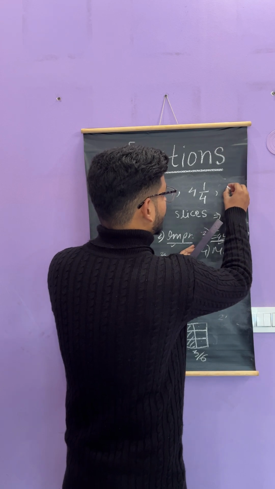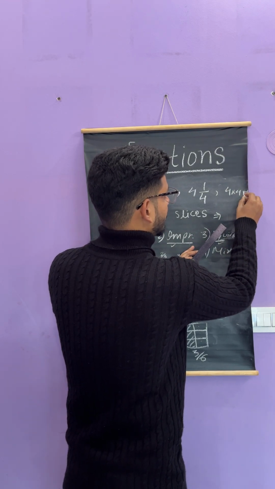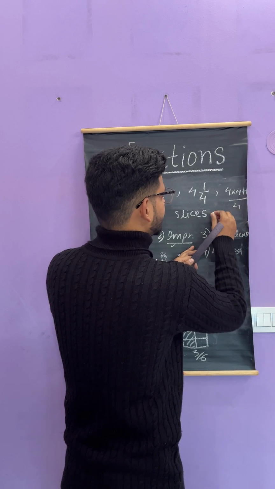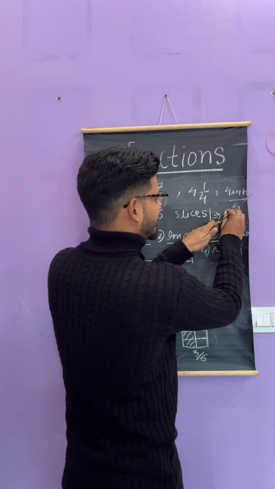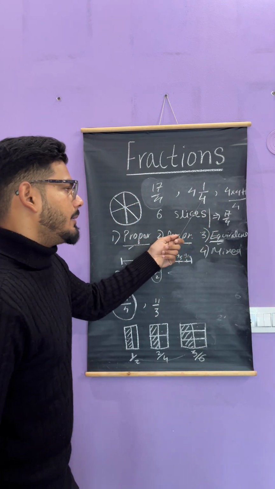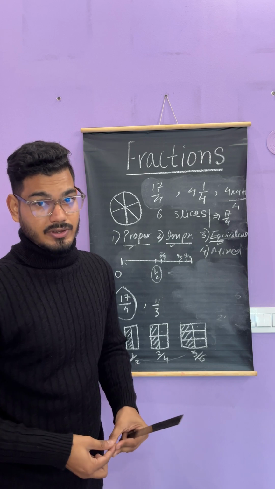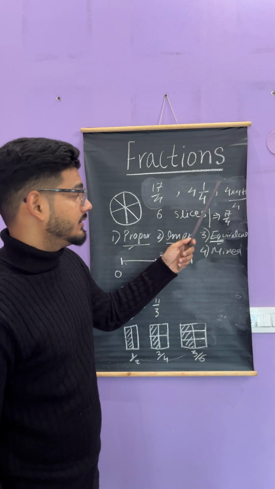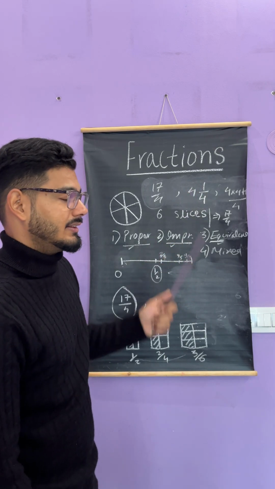It will be written as 4 into 4 plus 1 upon 4. So 4 into 4 is 16, 4 fours are 16, plus 1, 17 upon 4. So this is a mixed fraction where a whole number is written with a fraction, where 1 is the numerator and 4 is the denominator. The denominator is bigger than the numerator.